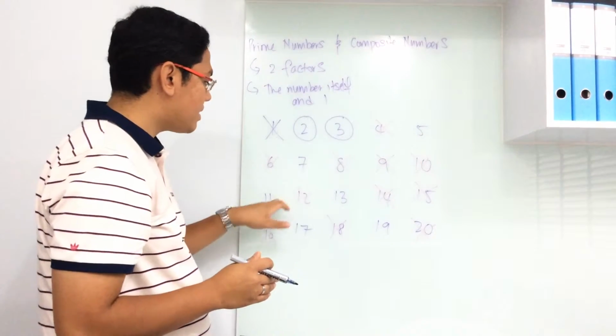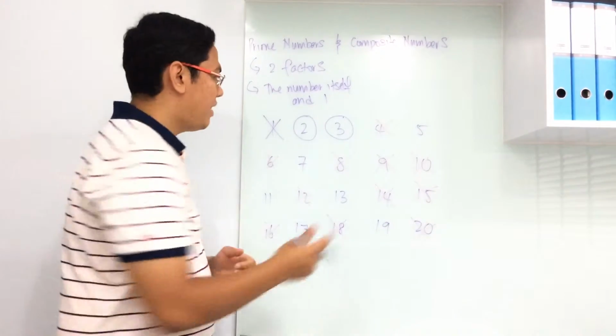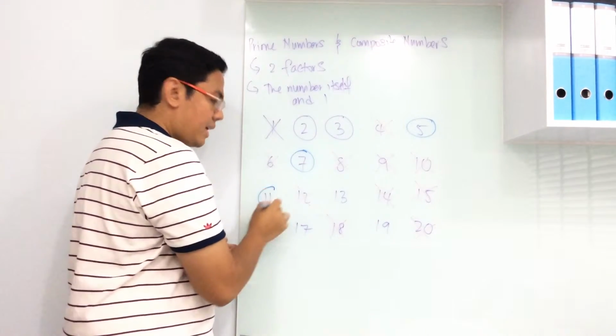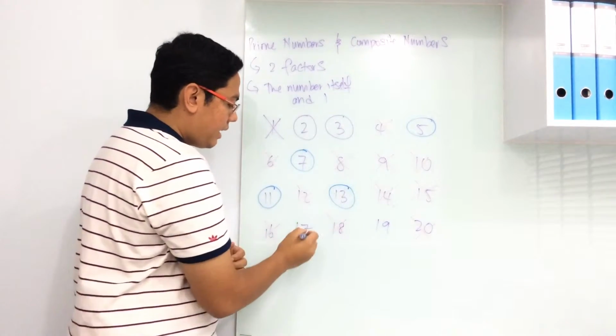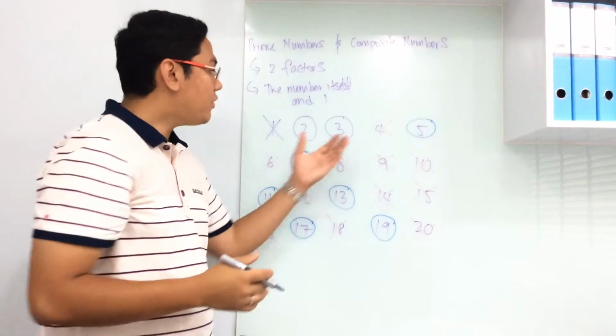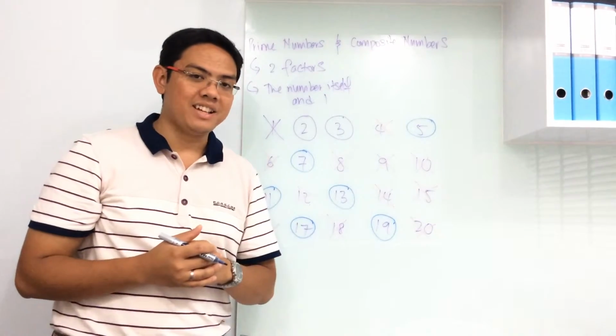How many factors do they have? You can see that each of these circled numbers has only 2 factors.